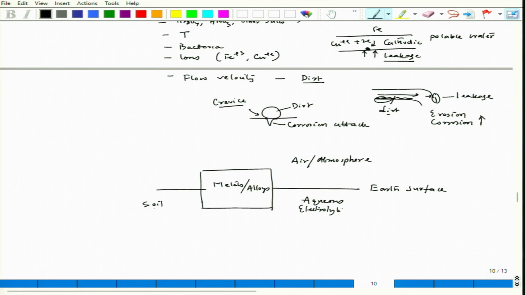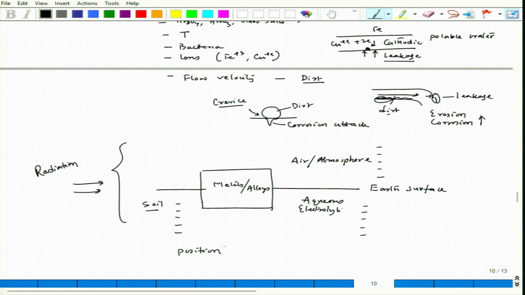This is soil, fine, and overall radiation is effective everywhere. You just note down, one by one, those factors we have talked about. This will be a graphical representation of the conditions that the metals and alloys are experiencing.